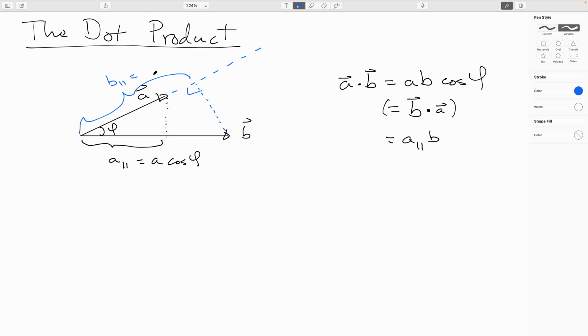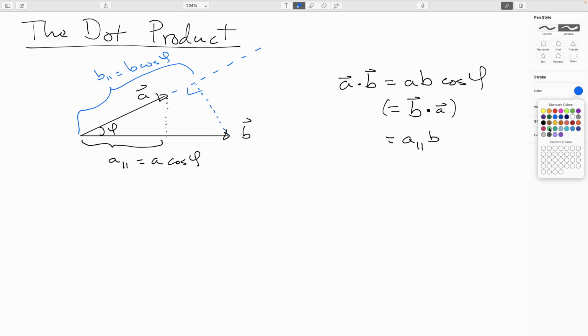Here, let me redraw that. This piece here would be B parallel, and that would be equal to B cosine phi. And so I could have decided instead to lump the B cosine phi together and say that that was equal to A times B parallel. And all of these are equivalent expressions.